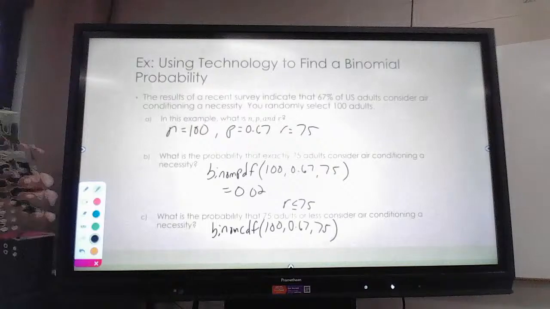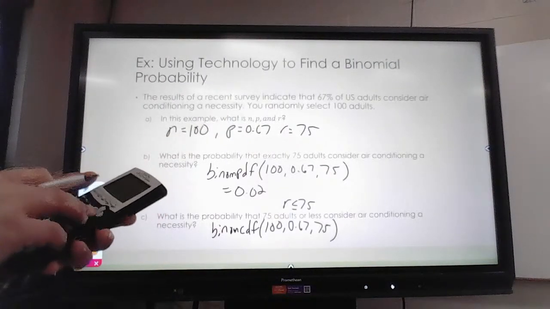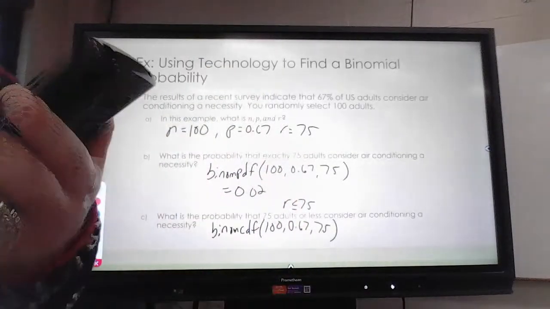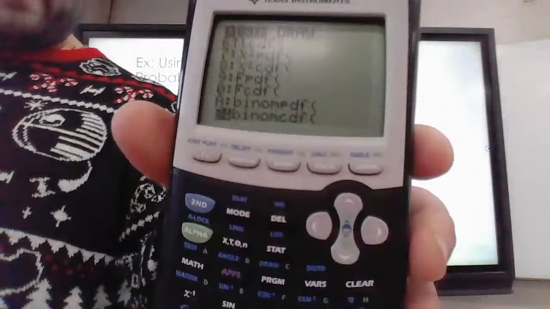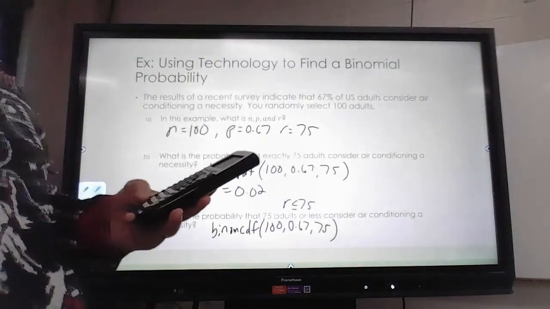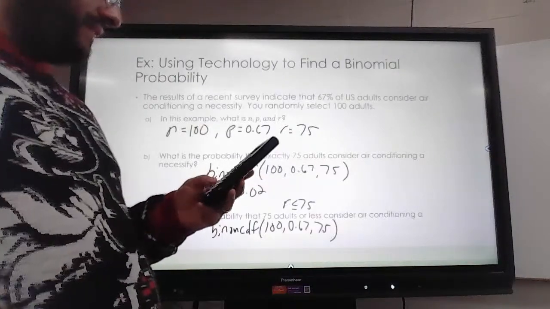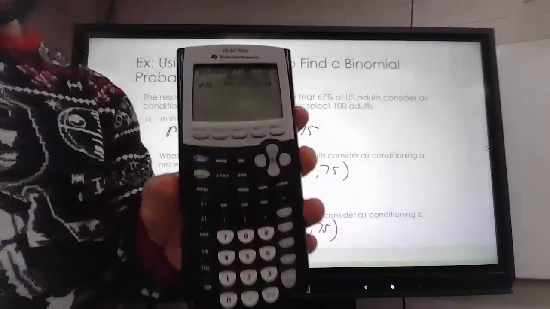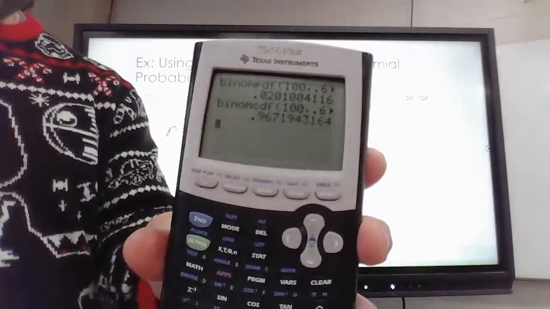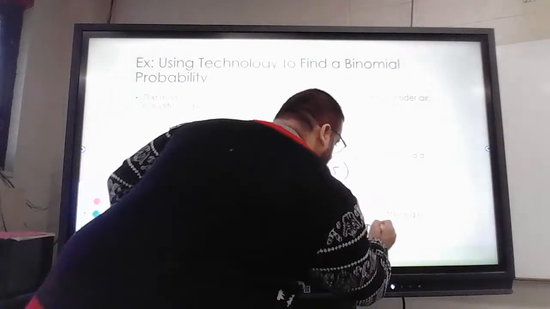I'm going to do the exact same thing in my calculator as last time, except instead of binomial PDF, I'm going to go one down and choose binomial CDF. And again, 100 trials, value of P of 0.67, and an X value of 75. And there it is. Press enter, and I get a value of 0.967.